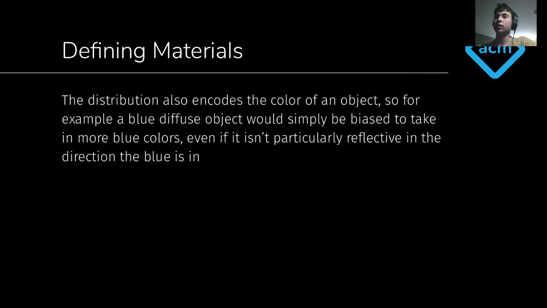The distribution also includes the color of an object, so a blue diffuse object would be biased to take in more blue, even if it isn't particularly reflective in the direction the blue is in.